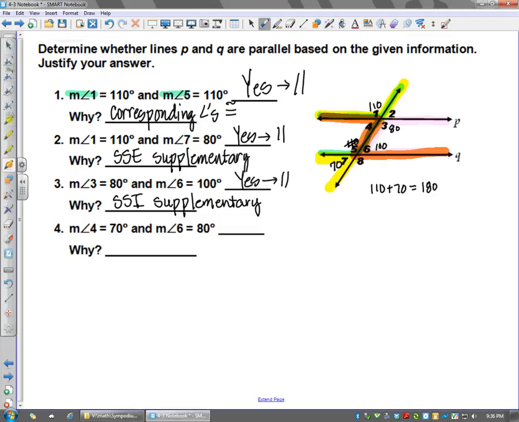They make the letter Z. That means they're alternate interior angles, and we know alternate interior angles are congruent. Well, 70 is not the same as 80, so this one's no. The lines are not parallel.